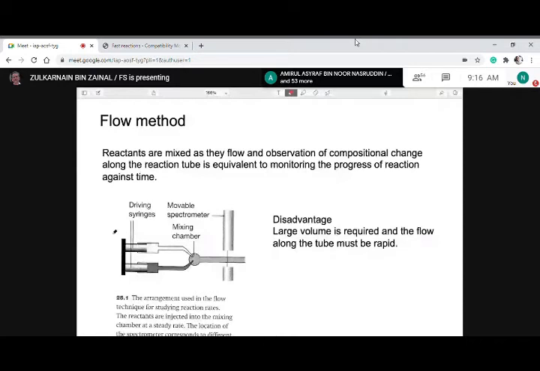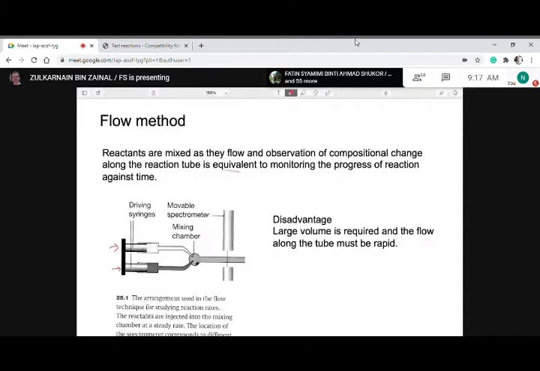So what happens is that we have this reaction chamber where we have the two reactants in two syringes here, right? The reactants are both in these syringes. Then we press the reactants into a reaction chamber where the reaction will occur, all right?